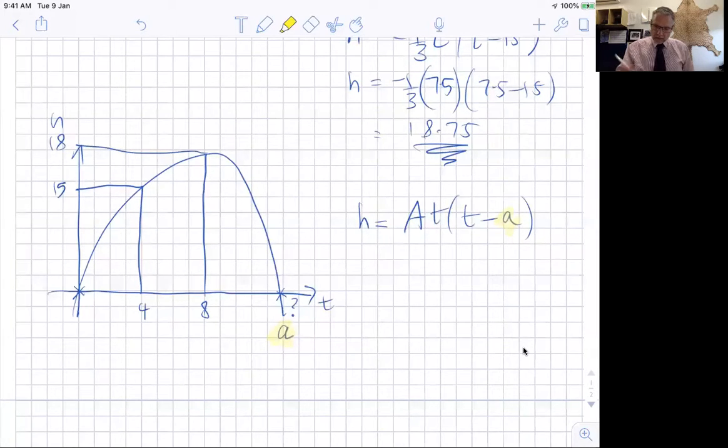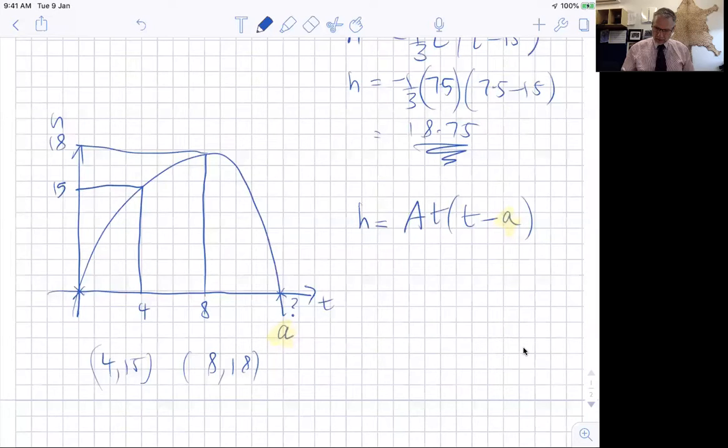Right, so we have 2 sets of information now to substitute into our equation. One of those, if I put it down as coordinates, is 4 and 15, and the other one is 8 and 18. So we need to put both of them in, and we'll create 2 separate equations.